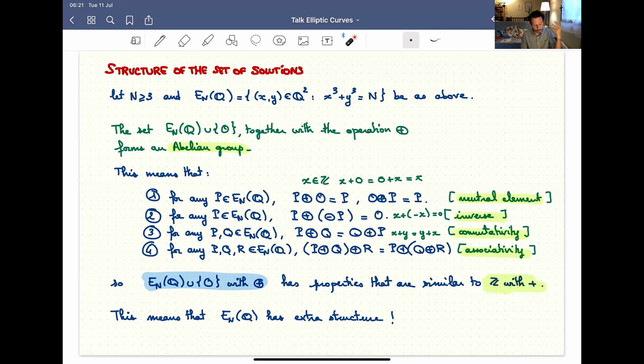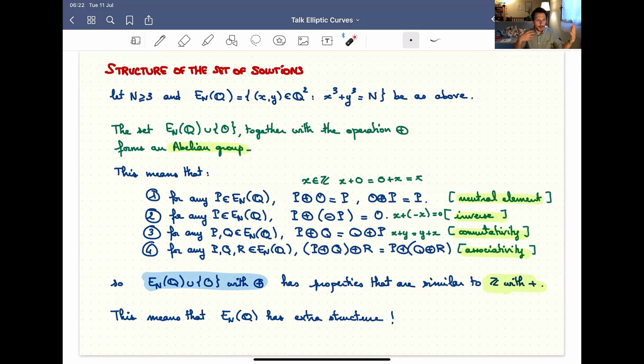But the whole point of this slide is to tell you that we started with an arithmetic problem, trying to find solutions to an equation, and sometimes, most of the time, there is no structure to the set of solutions. Maybe you get 1 solution, 2 solutions, but here we get a much more structured set of solutions, because we can define an operation on them, plus with a circle, and this operation allows you to create new solutions from old ones.